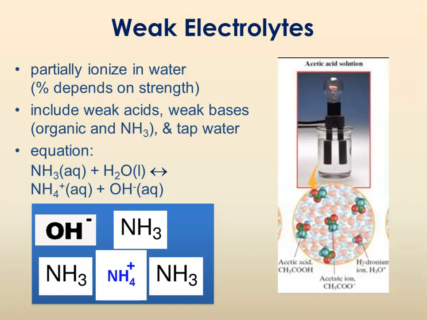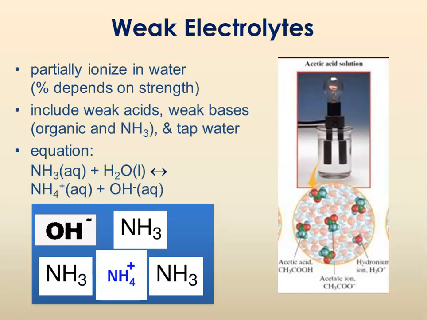I want you to notice in the case of ammonia, because ammonia is a base, it accepts a proton from water when it is capable of dissociating, producing the ammonium ion as well as hydroxide. I also want you to notice that there is a double arrow because that reaction can move in both directions.